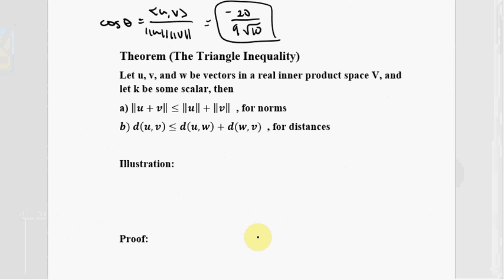So here, let u, v, and w be vectors in a real inner product space. Let k be some scalar. In this setup for parts A and B, we don't necessarily need the scalar to show the triangle inequality.